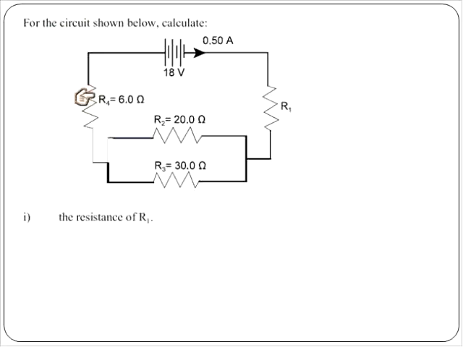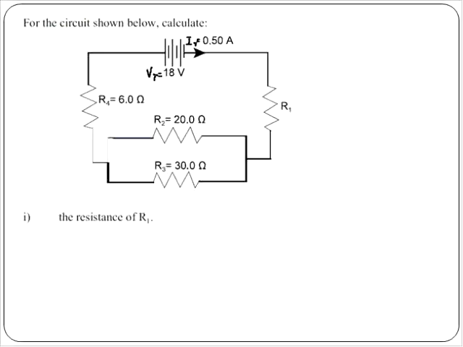In order to do that, we're going to find RT first, because we know 2 things. If we had drawn a table, we would have VT, which is 18 volts, and IT, which is 0.50 amps.